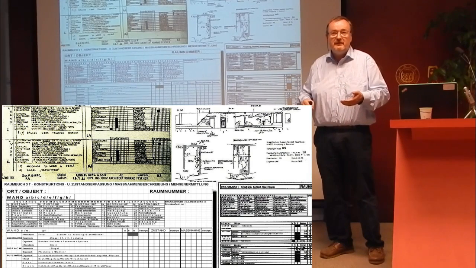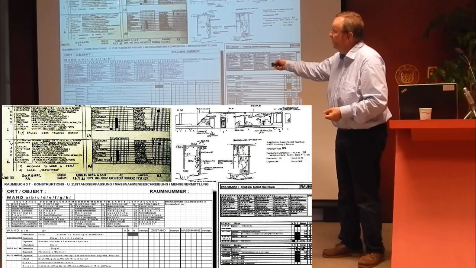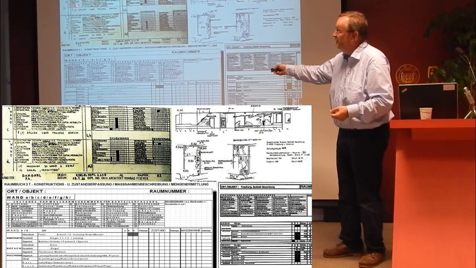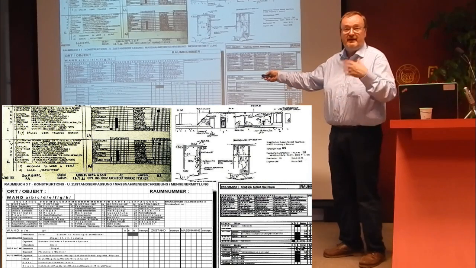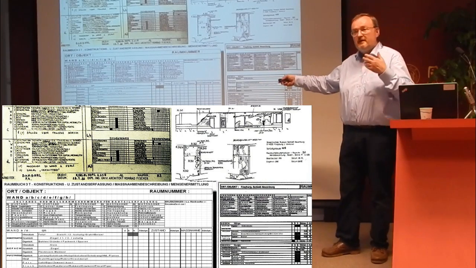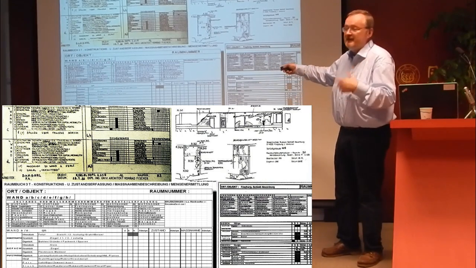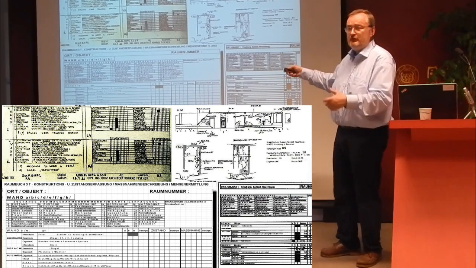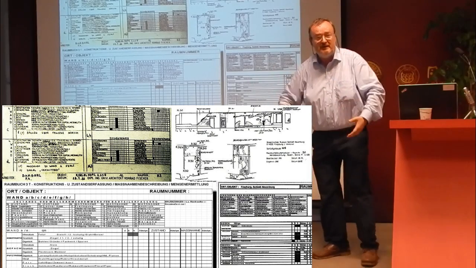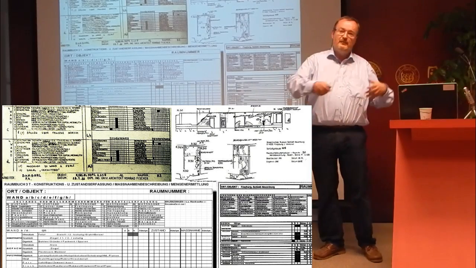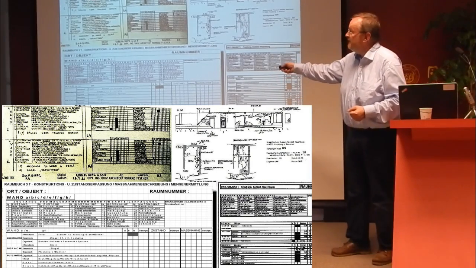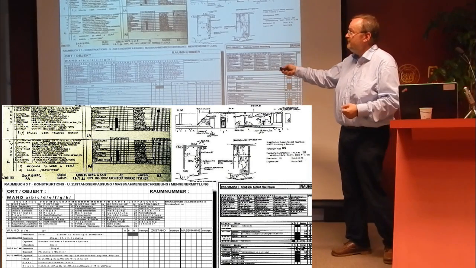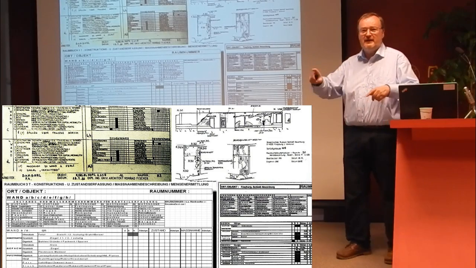We had no computer. So here we have the main structures like wall and rendering and stones and so on. And here we have a multiple choice system of what you can find normally in a building from Roman time to nowadays. So he can underline what is given in the building. That was the first thing.